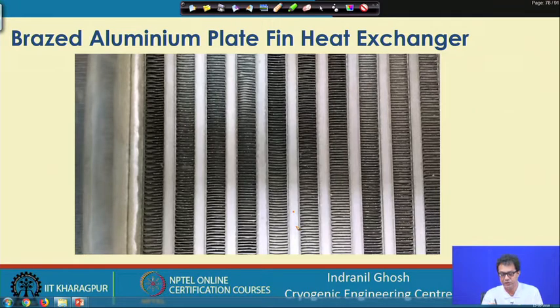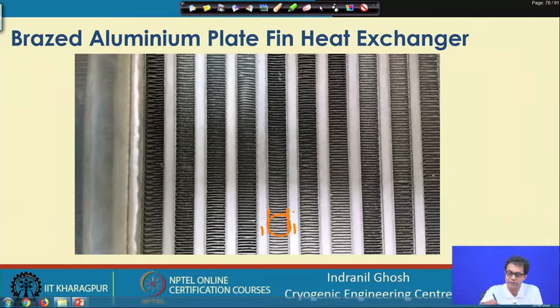We have come from that end to this end, and you find that this is the plate or the primary area, and between these two primary areas we have the fins. They are adhered to each other, brazed at this point, and this is particularly a wavy fin, and here we have a sidebar. So, this is a sidebar.